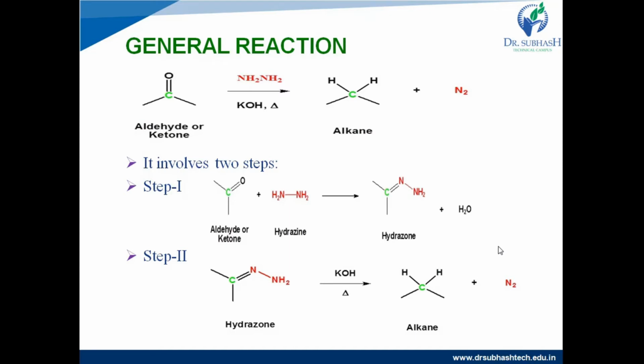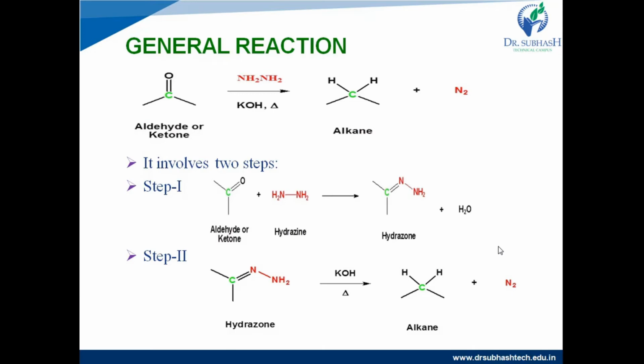In this step, aldehyde or ketone reacts with hydrazine and forms the corresponding hydrazone with the loss of one molecule of water. What happens in this step? Oxygen from the carbonyl carbon and hydrogen from the hydrazine nitrogen are removed and form a water molecule.